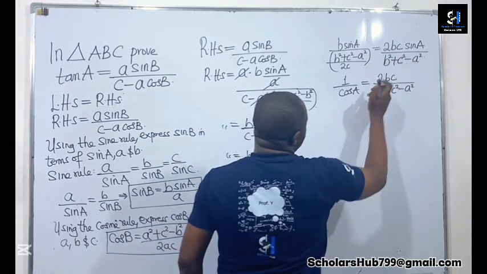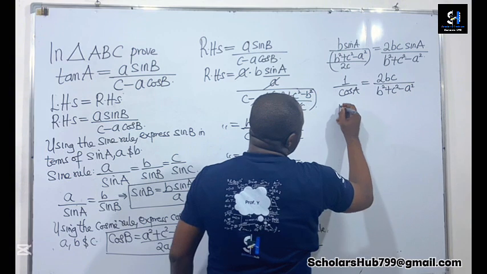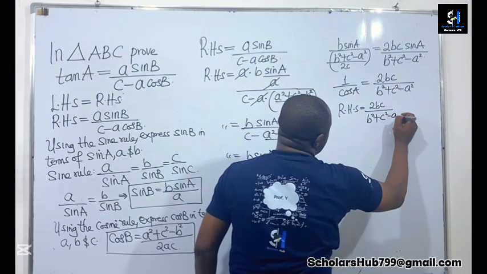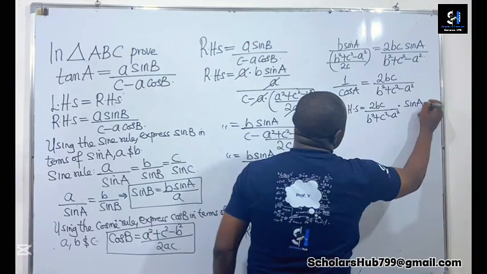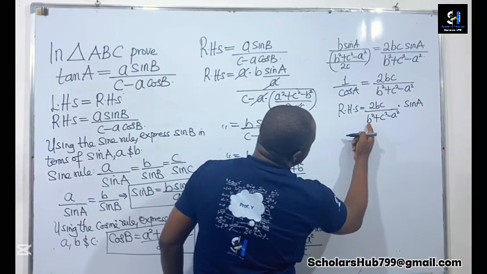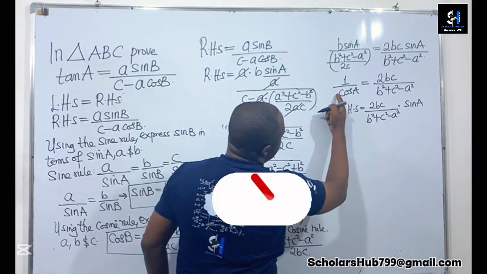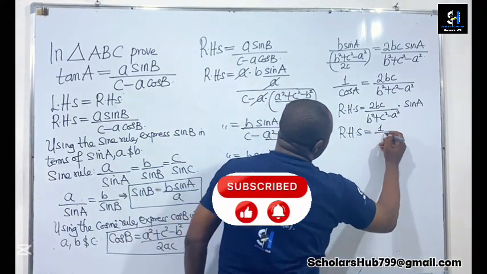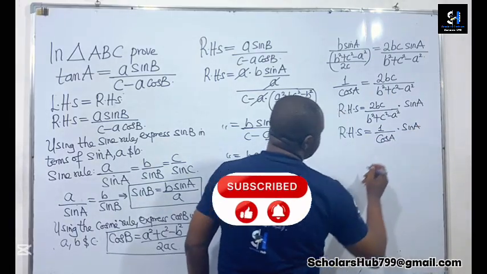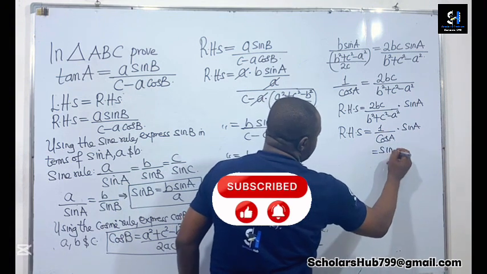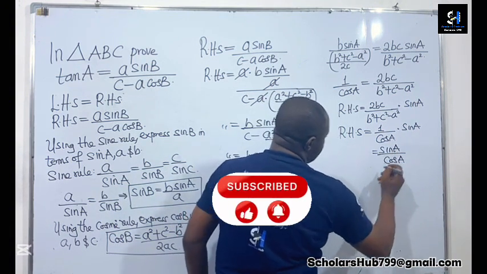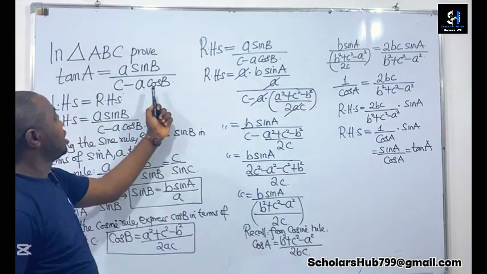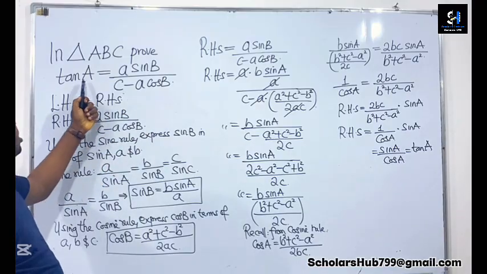So 2bc over b squared plus c squared minus a squared is replaced with 1 over cos A. The right hand side will be equal to 1 over cos A multiplied by sin A. We know that sin A times 1 is sin A, so we have sin A over cos A, and sin A over cos A is equal to tan A. So this shows that the expression on the right hand side is equal to tan A.